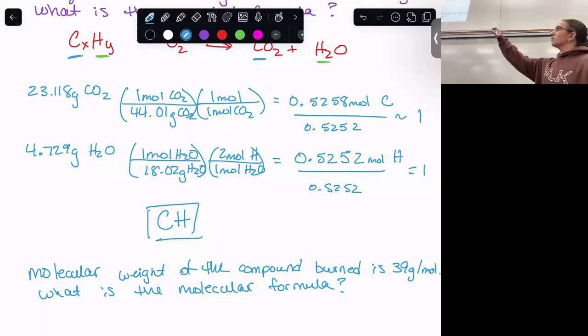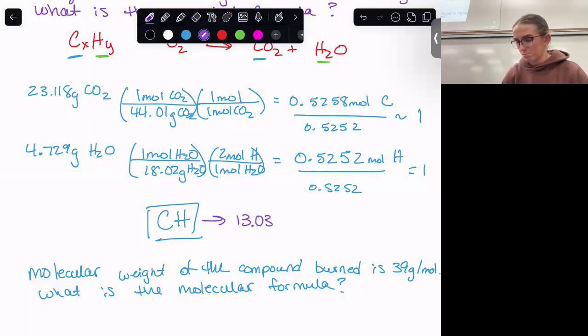Right, the molecular formula is just a larger version of your empirical formula. It will still have the same ratio of carbon to hydrogens. There's just more stuff in the molecular formula. So for our empirical formula, what's our molecular weight or our molar mass for carbon, hydrogen? 12 and 1, so about 13.03, if we're rounding? 13.02 grams per mole.